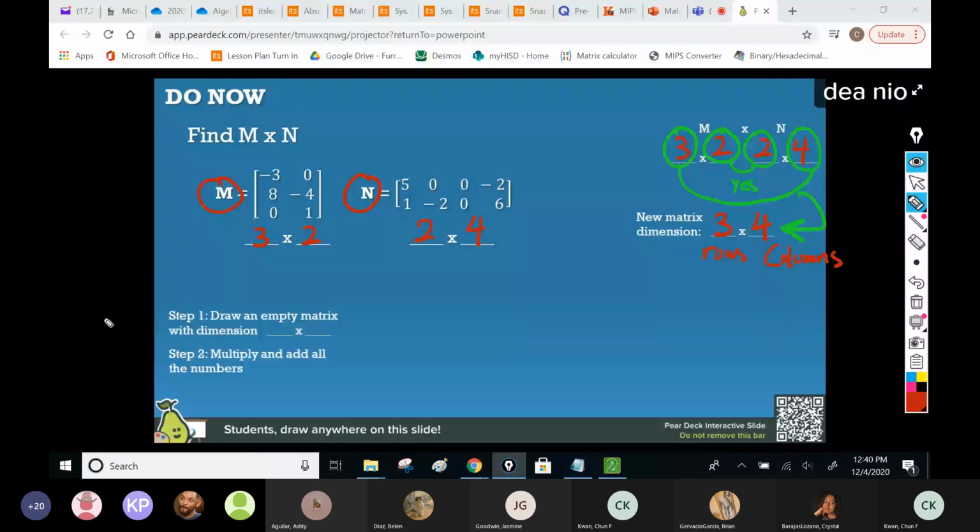Now draw an empty matrix with a dimension 3x4. So I need 3 rows and 4 columns. So your matrix should look something like this. 3 rows, 4 columns.